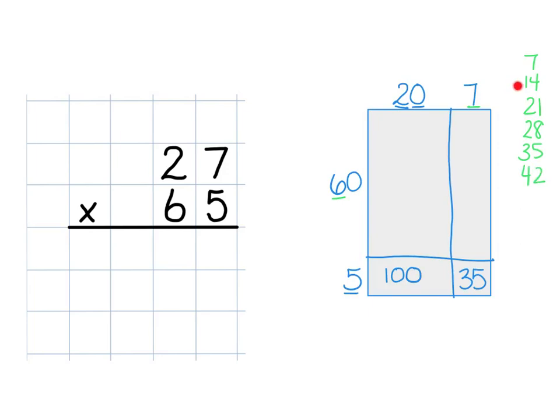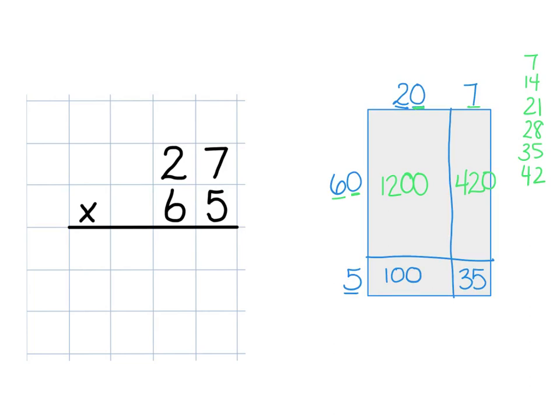So we have 42, but we still need to add that 0 from our 60. So we have 420. And lastly, we need to multiply 20 times 60. So 2 times 6 is 12. And then, of course, we add our 0 from the 60 and our 0 from the 20.